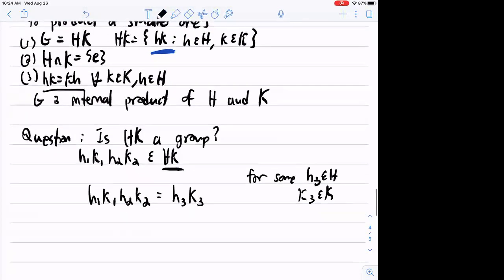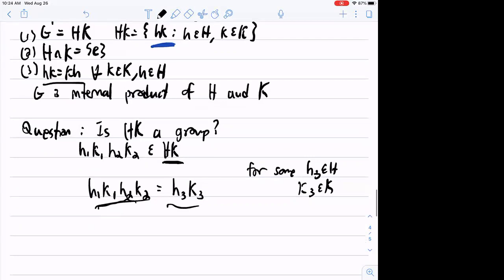But you see, it's actually pretty hard here, because you don't know if an element here is of this form. So it might not lie in HK. But if you have part 3, then I could swap these two: h1h2k1k2. Now this is an H, so since H is a subgroup, h1h2 is an H. We call this thing h3.